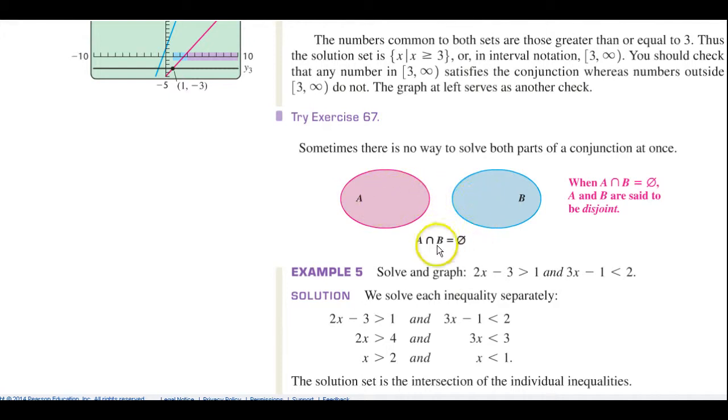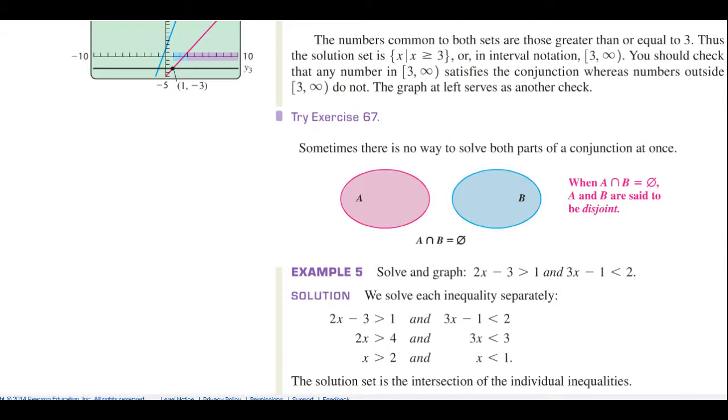So symbolically, writing A intersect B, since there is none, there is no intersection, we say it's an empty set, or a null set. That is, there are no members. And there is no conjunction, so in a sense they are disjointed. They are said to be disjoint. They're not connected.